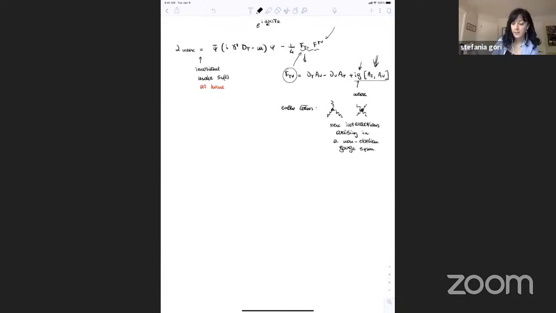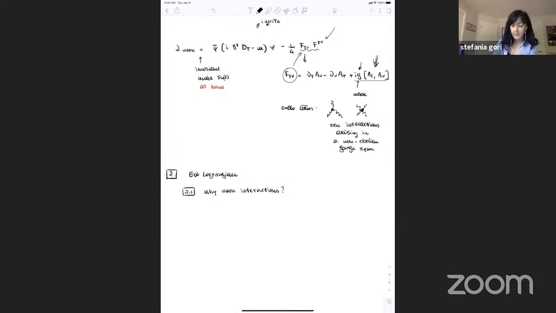Great. So now it's time to start our chapter 2. Here we want to go a little bit more into the details of the electroweak Lagrangian. So let's start with a little bit of introduction of why the weak interactions. This is, if you want, a little bit of a historical perspective.